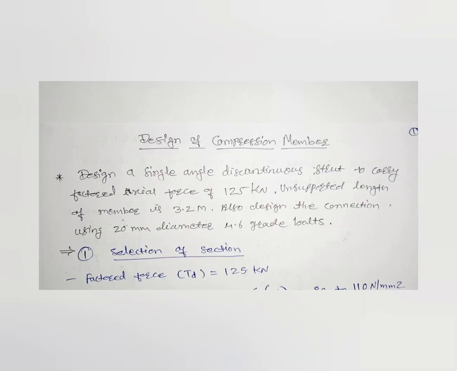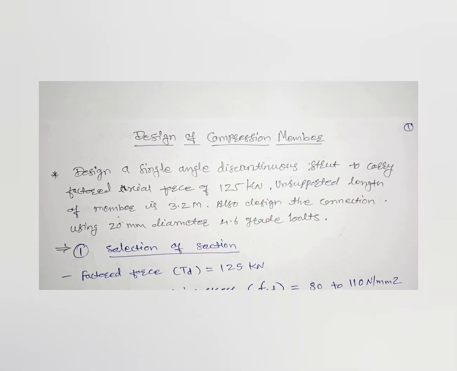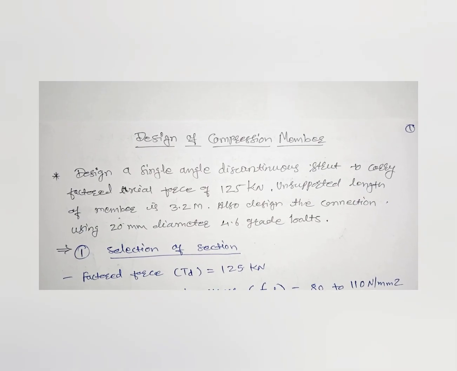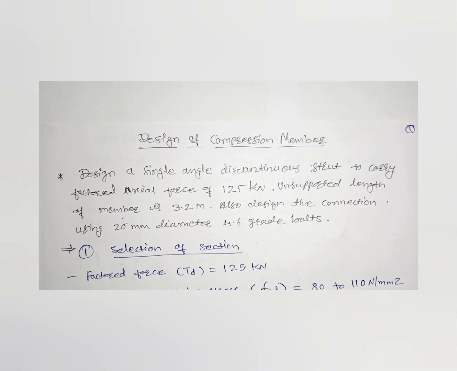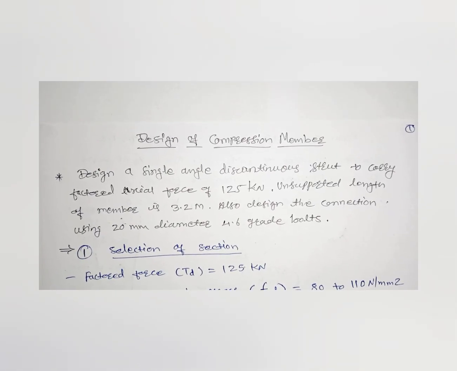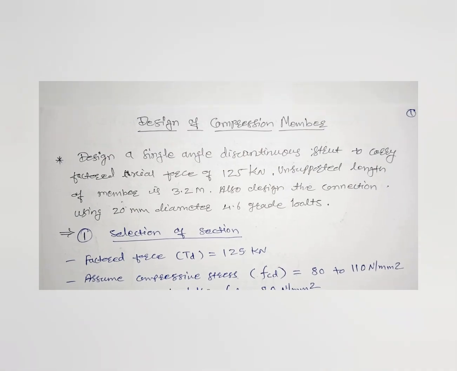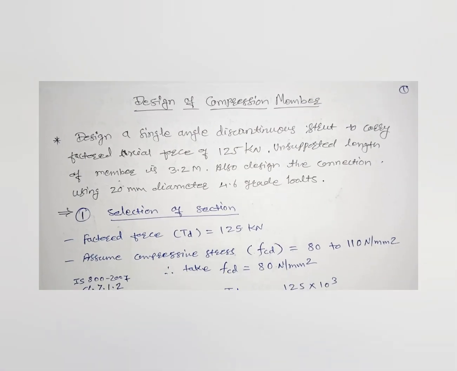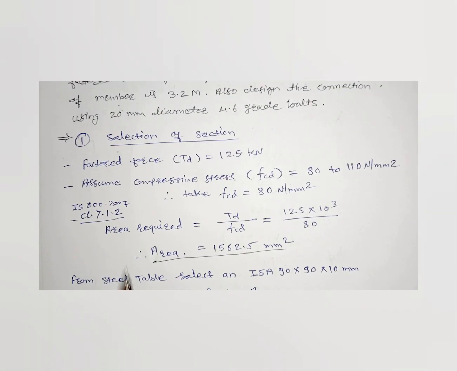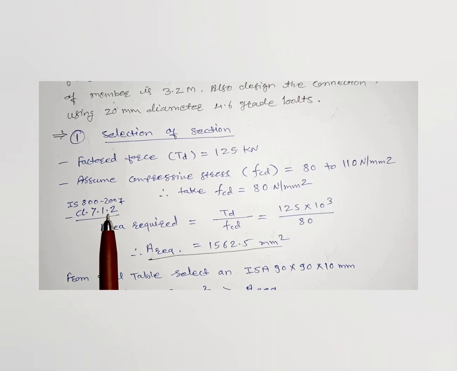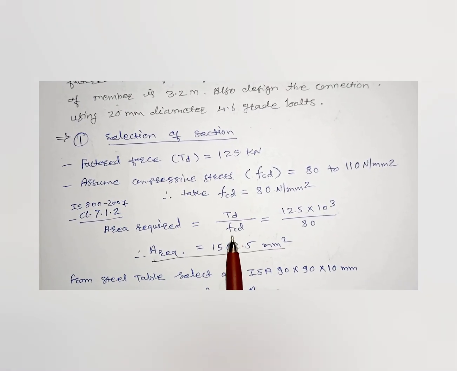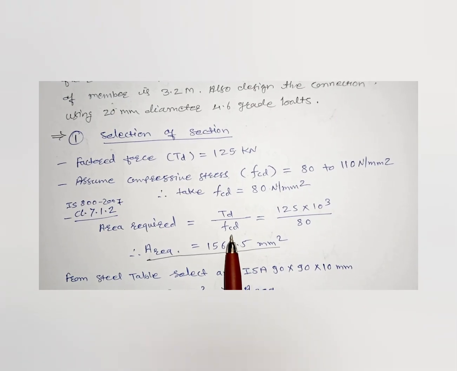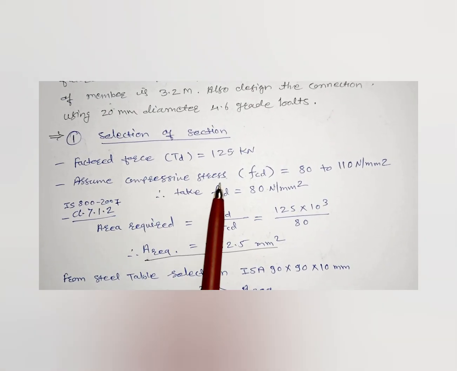So in this one our first step is we have to select the section to carry this factored load 125 kilonewton. For this, IS 800 2007 clause 7.1.2 has given the area required equal to Pd upon fcd, where fcd is the compressive stress.